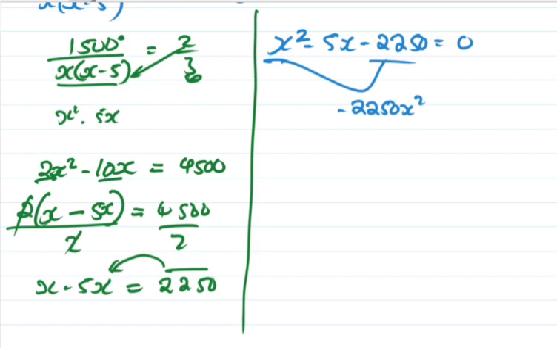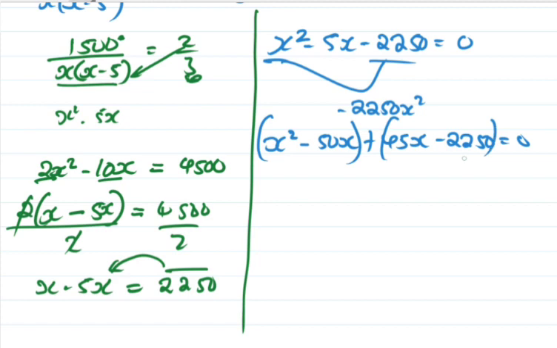Let's try. 45 multiplied by 50. Yeah, that's the answer. So we're going to have x squared minus 50x plus 45x minus 2250 is equal to 0.